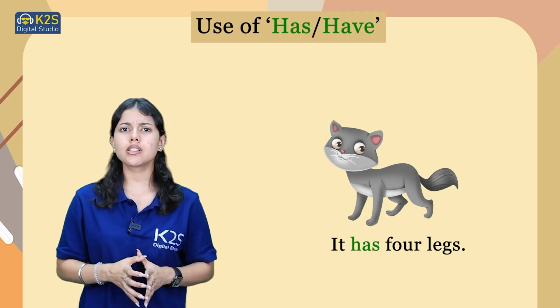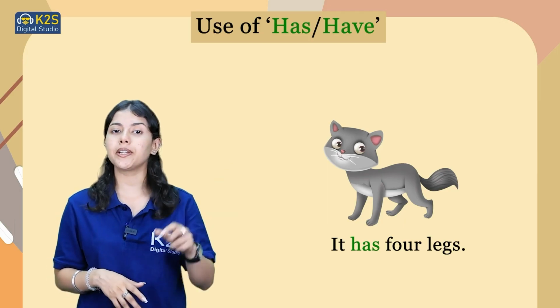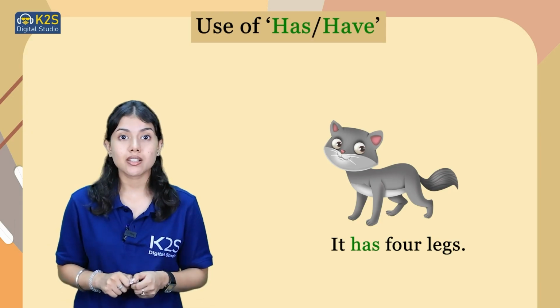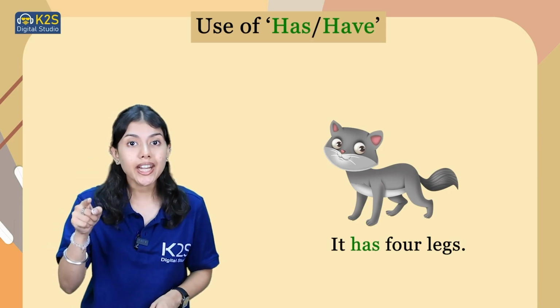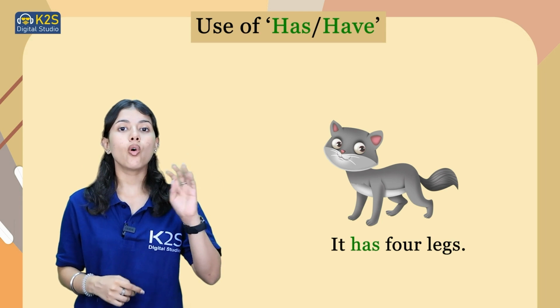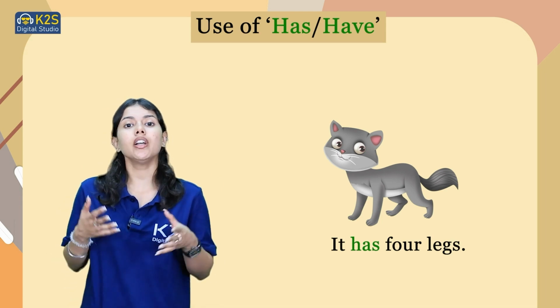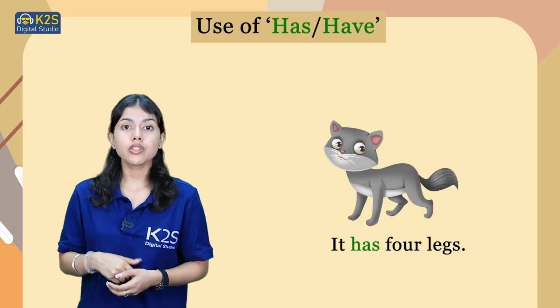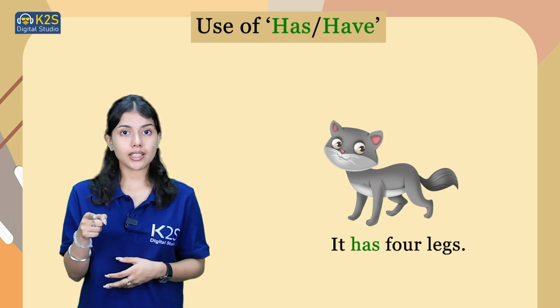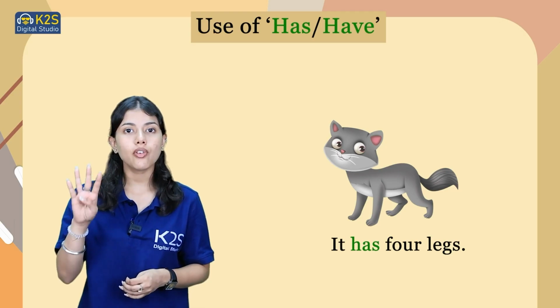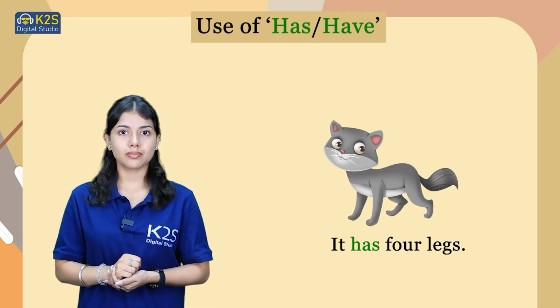Can you tell me what is the word we are going to use with the word it? Correct. Has. So we are going to say it has 4 legs.